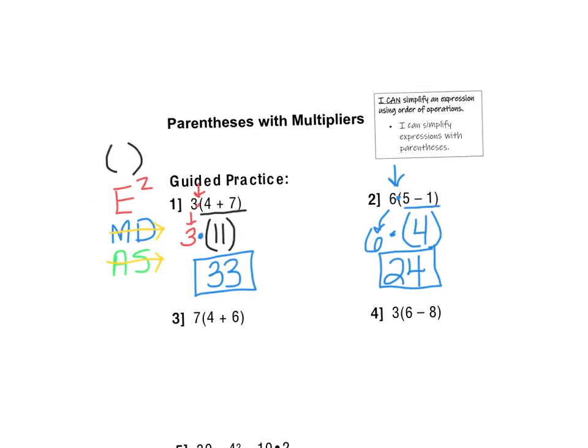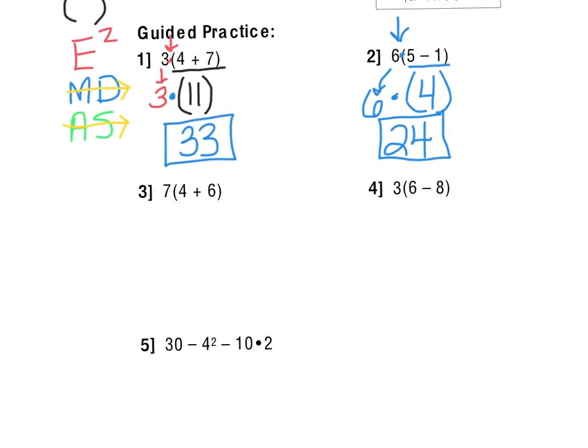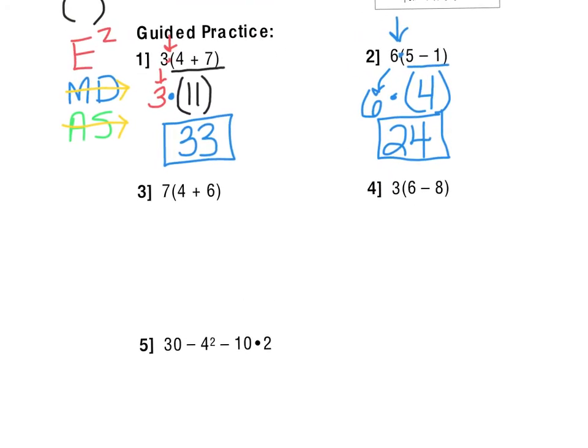All right, let's keep on doing that. Let's look at this again. We are going to do our parentheses first. So we have 4 plus 6, which is 10. Remember, when there's nothing in between the number and the parentheses, that means we are going to multiply.